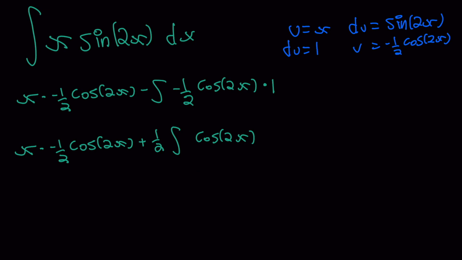In the same way that sine 2x became 1/2 cos, this is going to be equal to 1/2, the 1/2 I just wrote, times 1/2 sine 2x, and now everything from before.